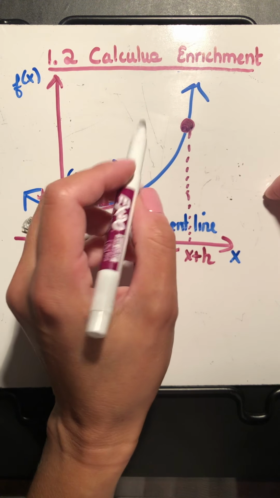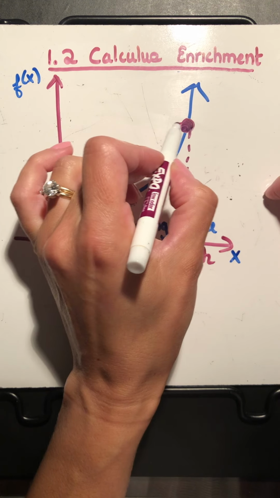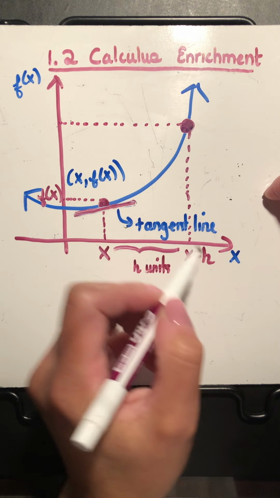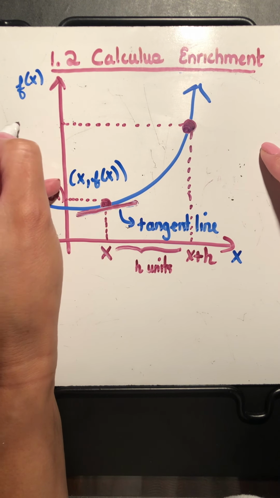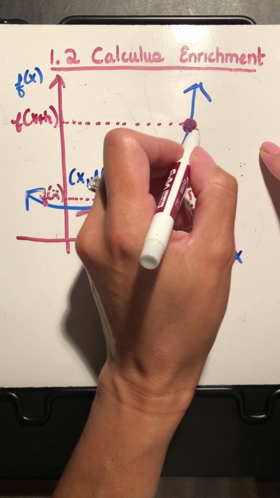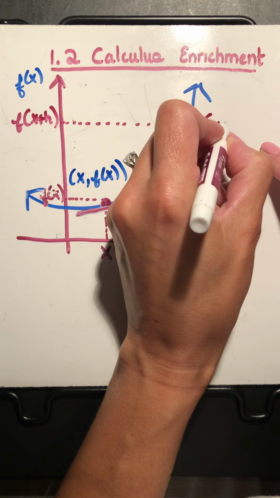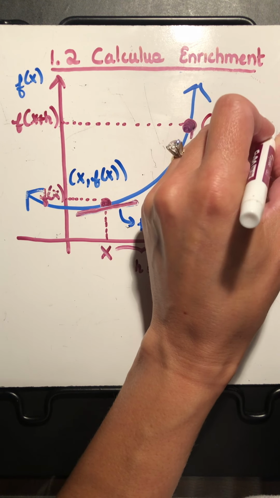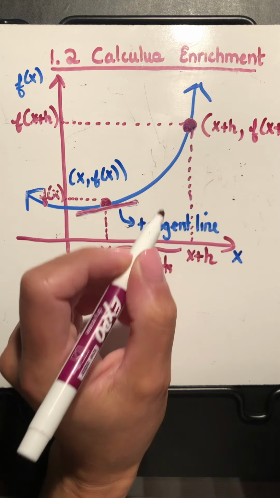Just so we understand, the coordinates of this point: if the input is x plus h, the output is f of x plus h. So the second point has the coordinates x plus h comma f of x plus h. Hopefully you can see all of that.